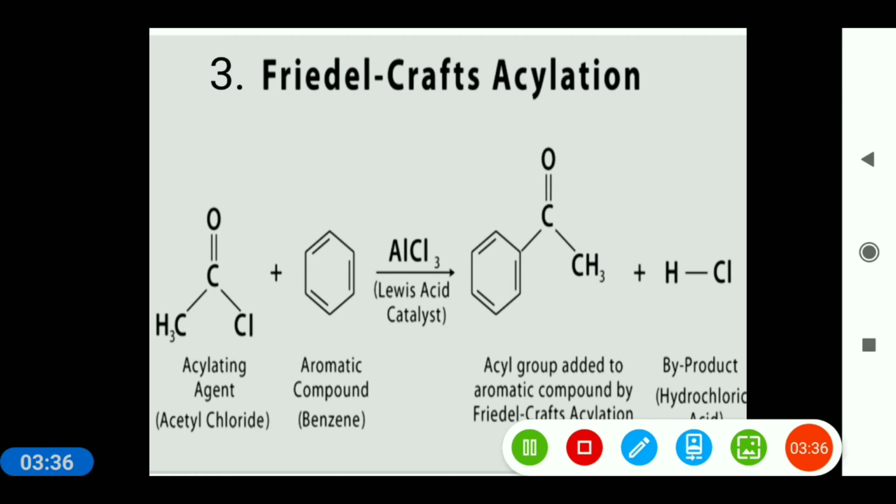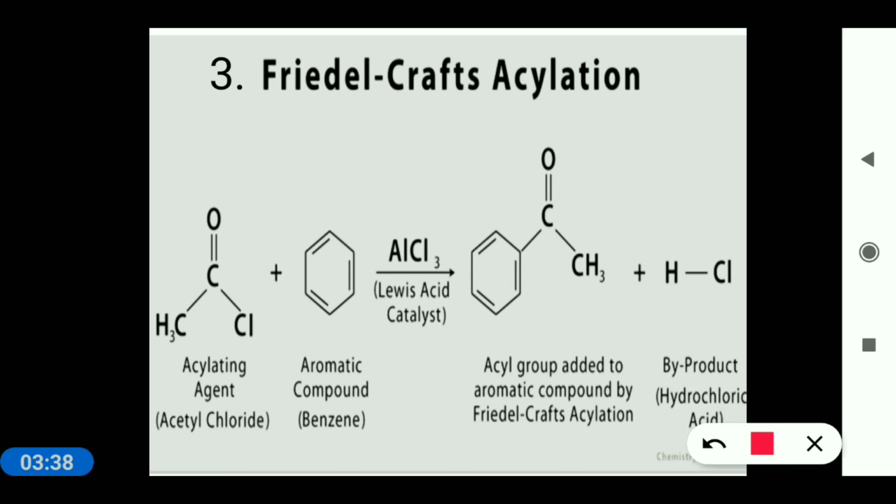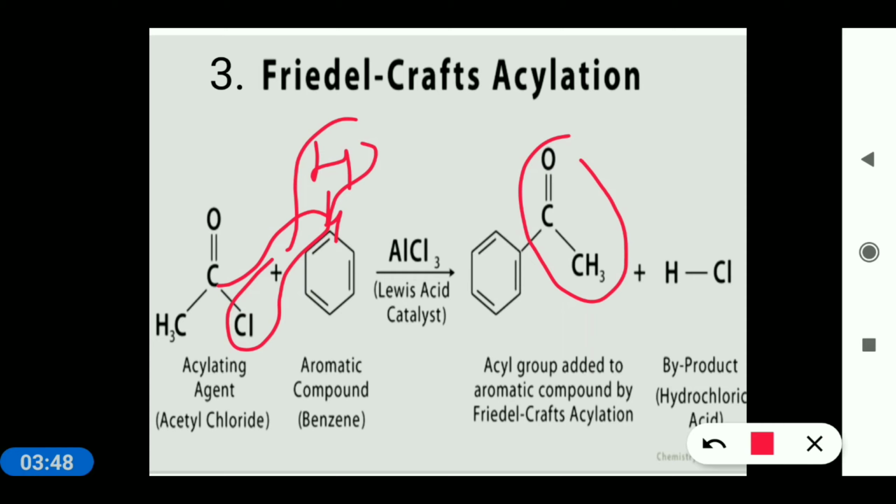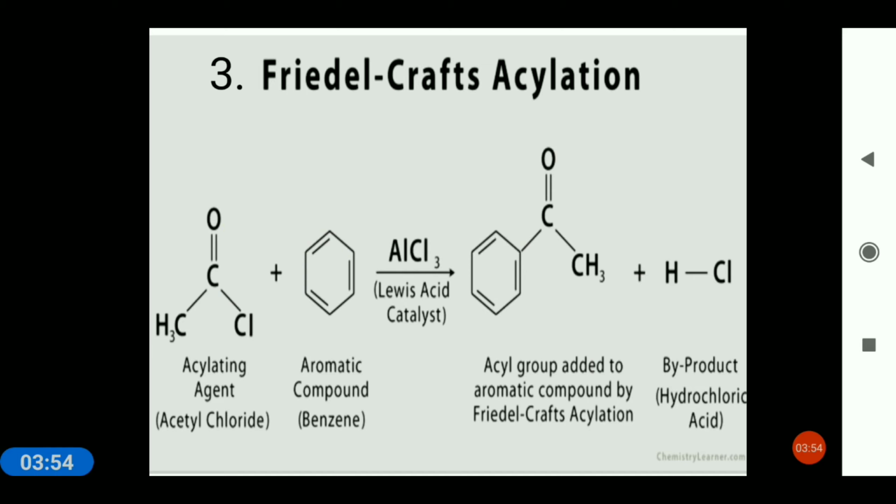So you can see here easily, here hydrogen is there. This hydrogen and chlorine will be removed as HCl, and this carbon will attack here. So formation of COCH3 group will be there. So this is the Friedel-Crafts acylation.